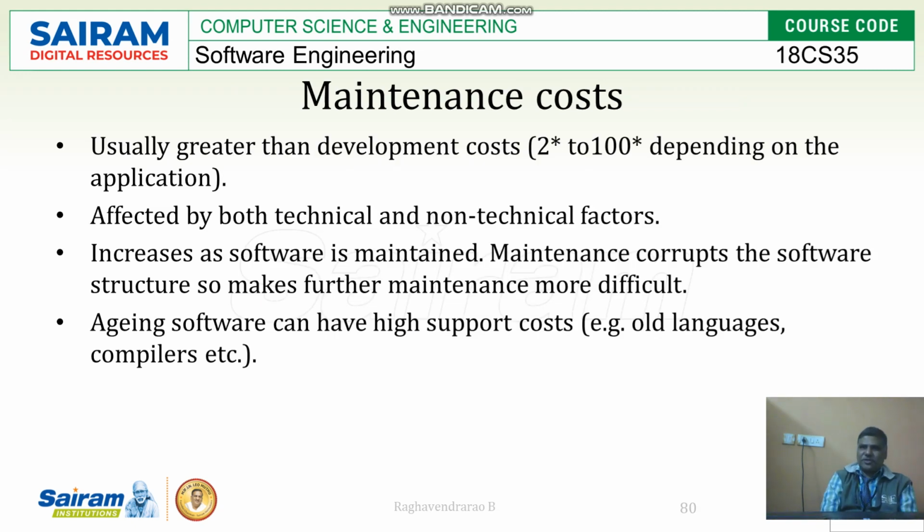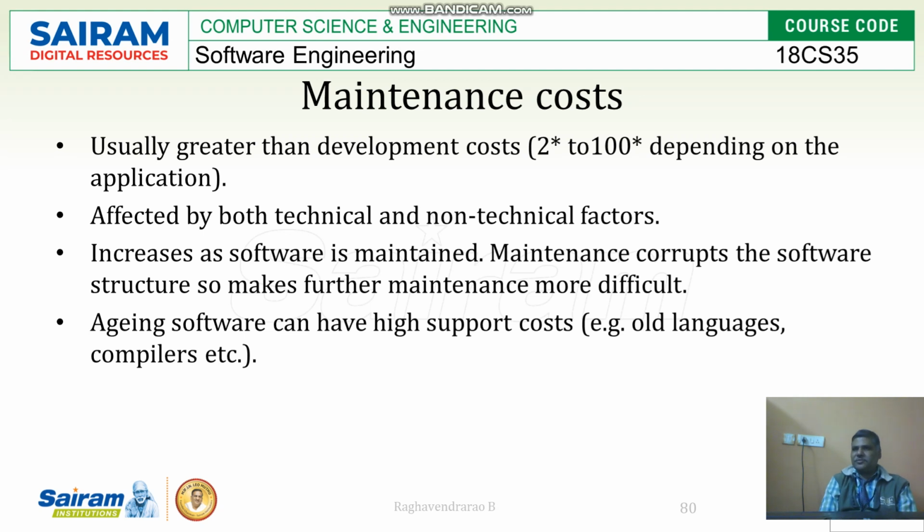The cost, I said in the beginning of this particular chapter, whenever we go for this chapter, that is maintenance, costs are going to be more. Usually the maintenance cost is greater than the development cost. It says here from 2 to 100%, depending on the application.